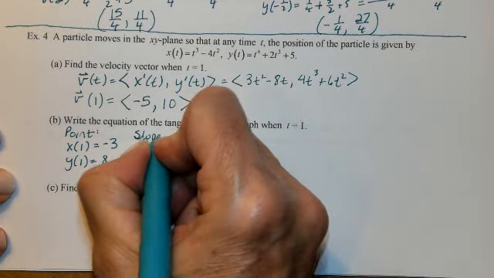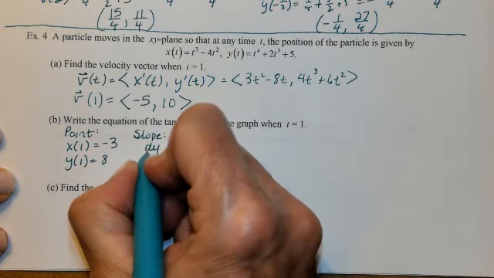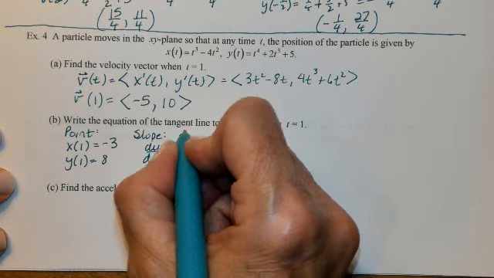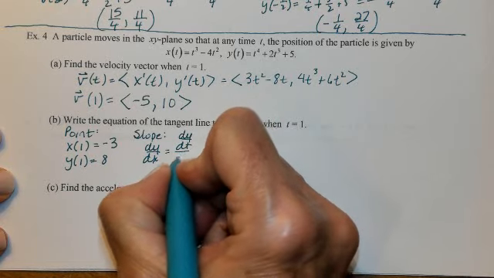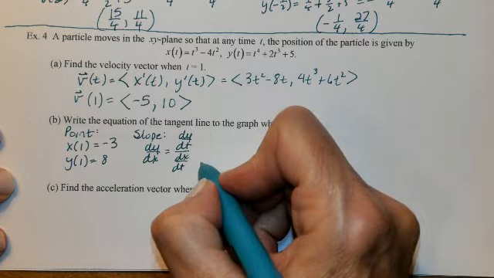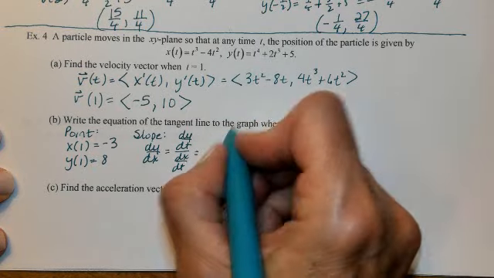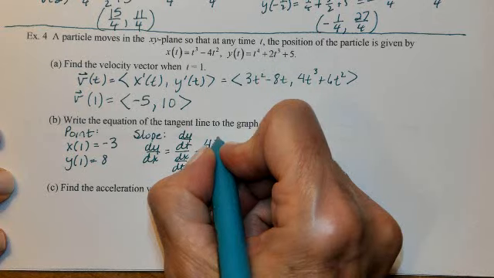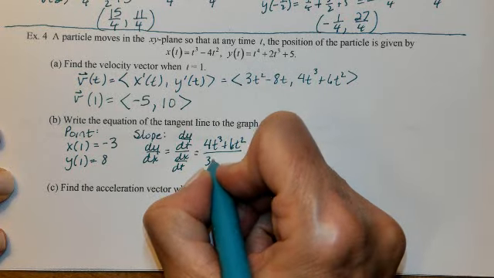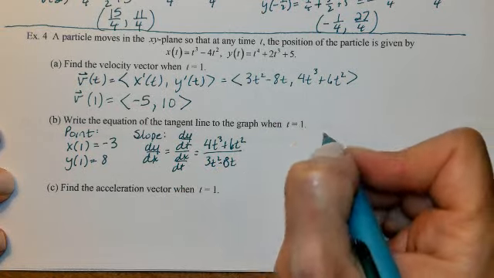The slope will be dy dx, right? dy dx, which is dy dt over dx dt, or you can call that y prime of t over x prime of t. Well, we did just find this up here, right? We found that that was 4t cubed plus 6t squared over dx dt, like that.